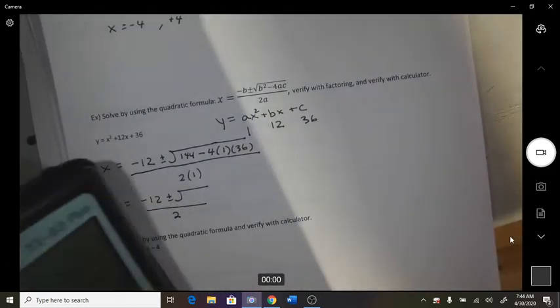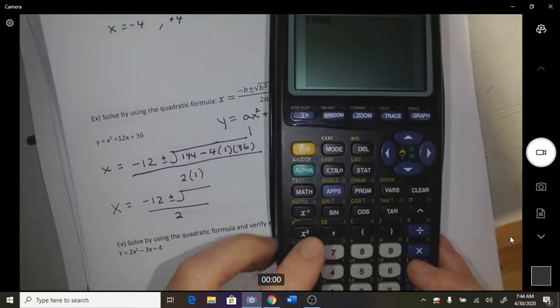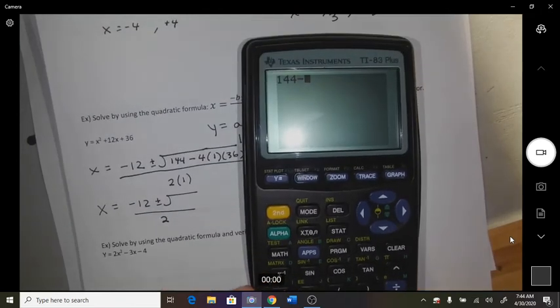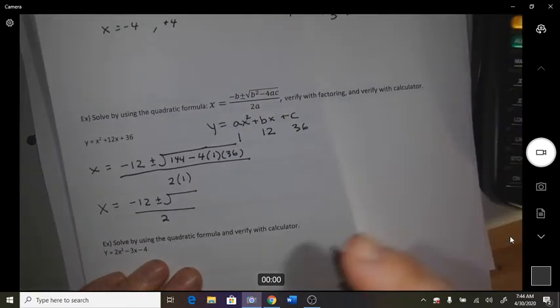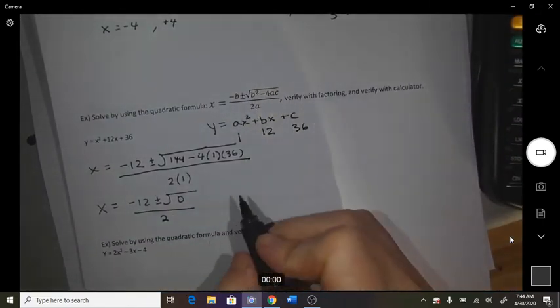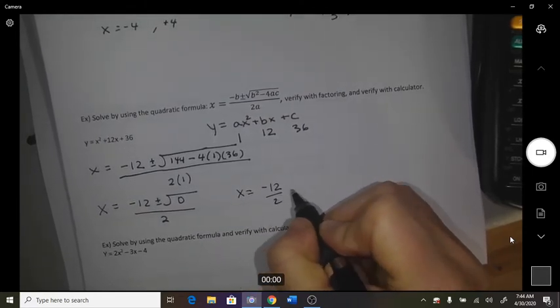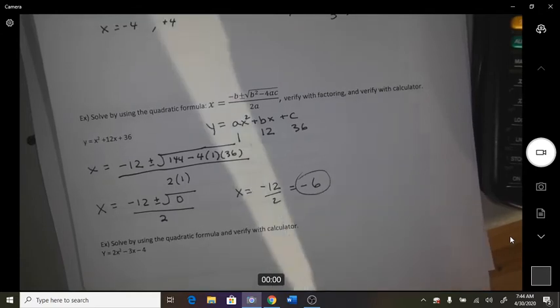Now I go into my square root piece and I go 144 subtract 4 times 36. So that is 0. The square root of 0 is 0. So our answer should be -6.